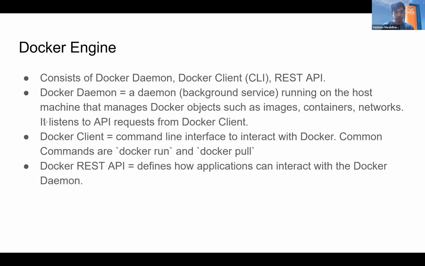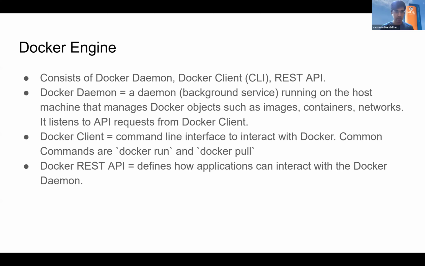You have something called the Docker REST API, which defines how applications, or any application that you're packaging, can interact with the Docker daemon. These are more technical implementation details; it's good to know that there is something called a Docker engine. If you're running Docker Desktop, I provided the link in the pages, and you can follow it to install it.